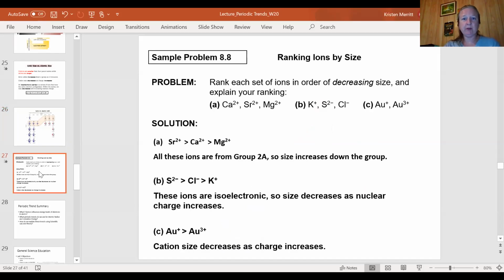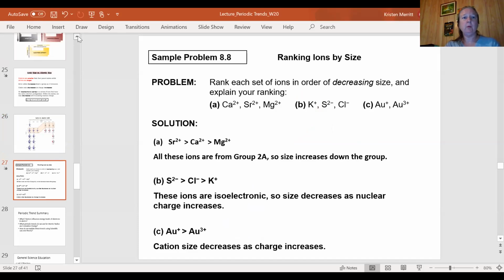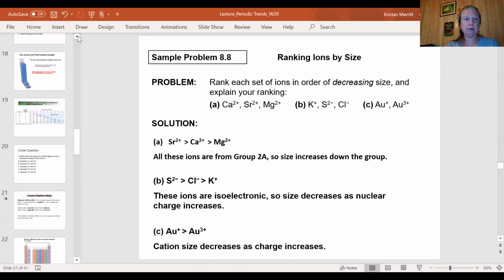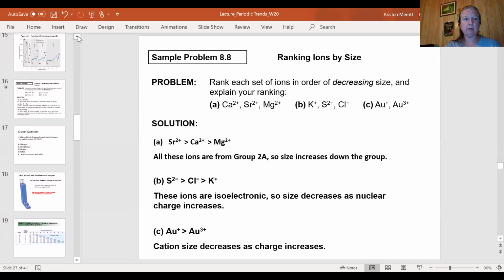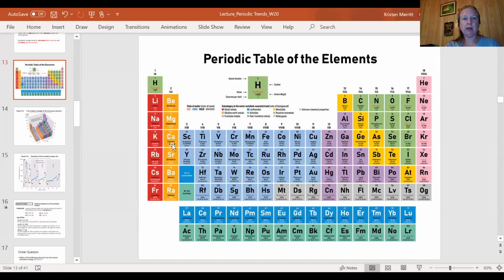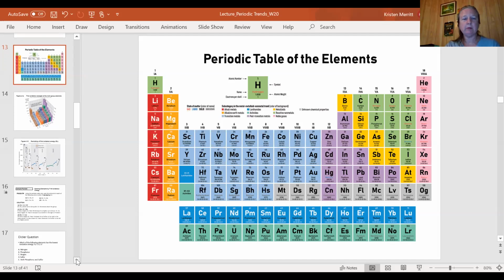So for example, calcium, strontium, and magnesium, how would you rank these? We have to look at, they each lost 2 electrons. So calcium, strontium, magnesium, they're all in group 2A.